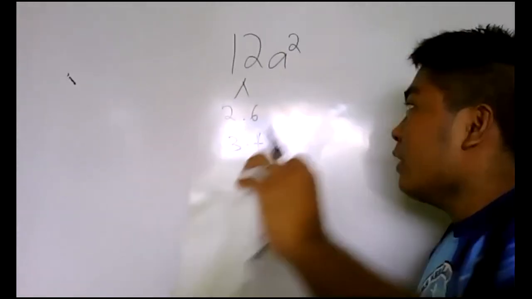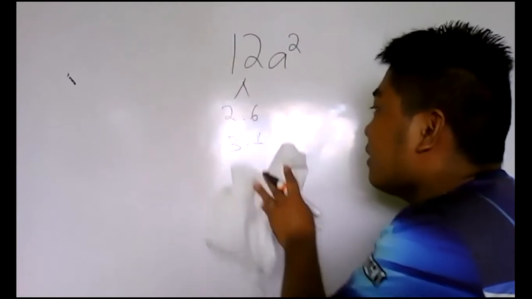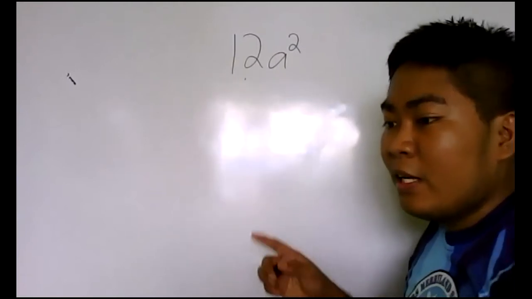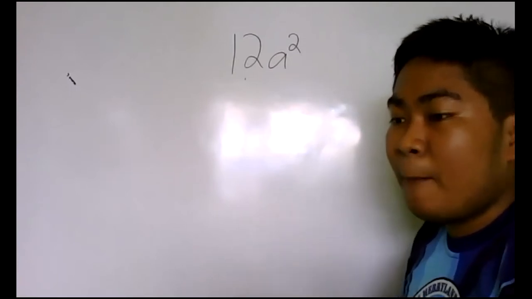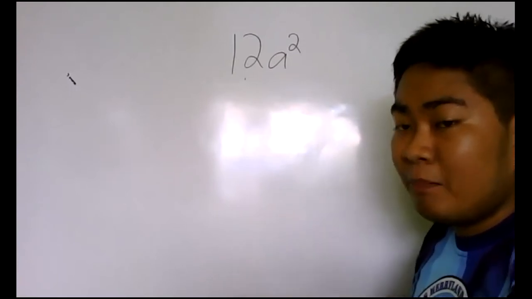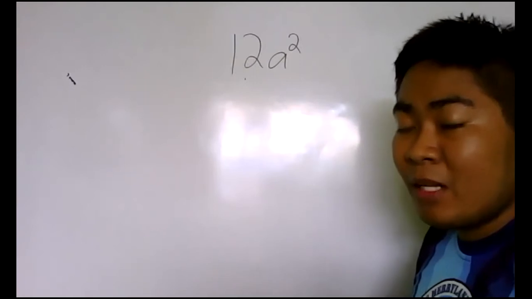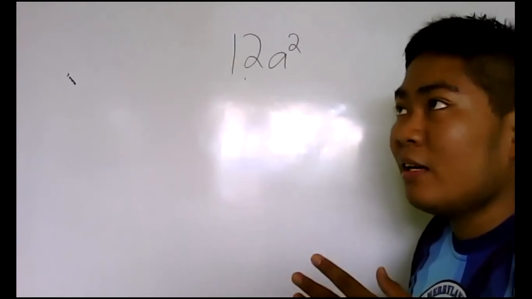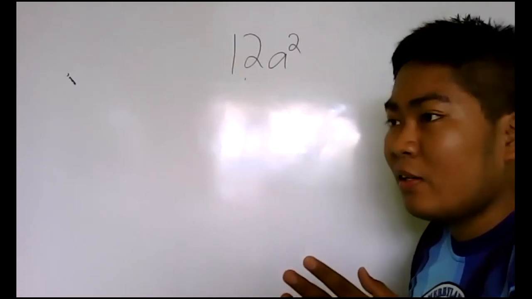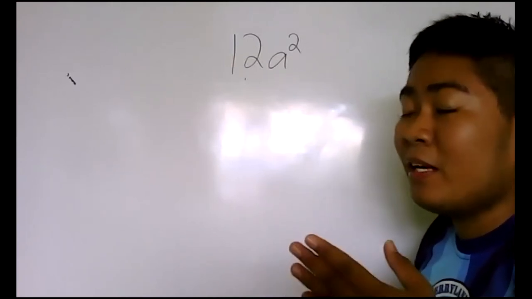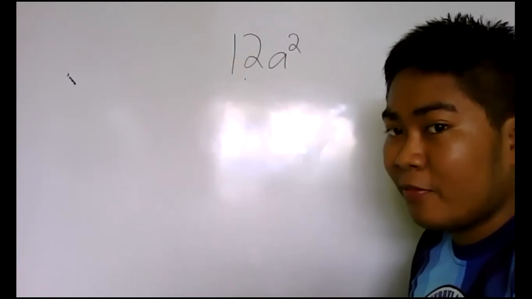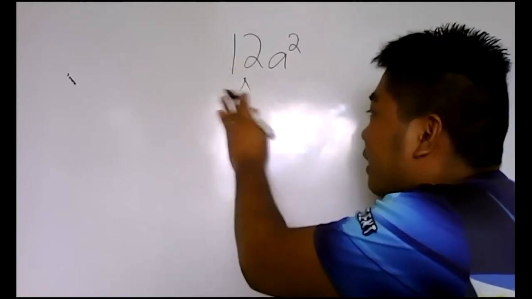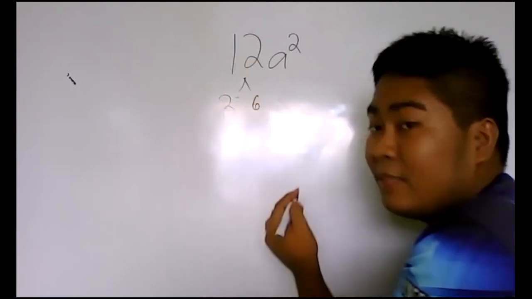Okay. So ano yung pwede natin gamitin? In factoring, you must use the prime numbers. Prime numbers are numbers that are only divisible by itself and 1. So kapag pinactor natin si 12, we have 2 and 6.